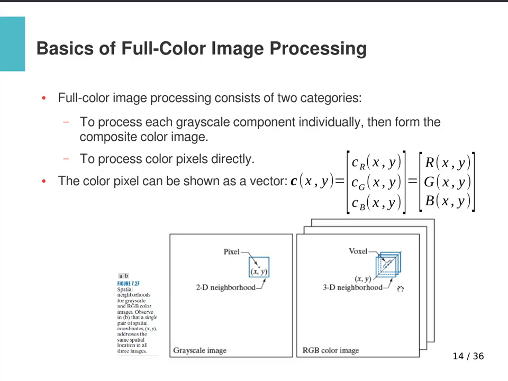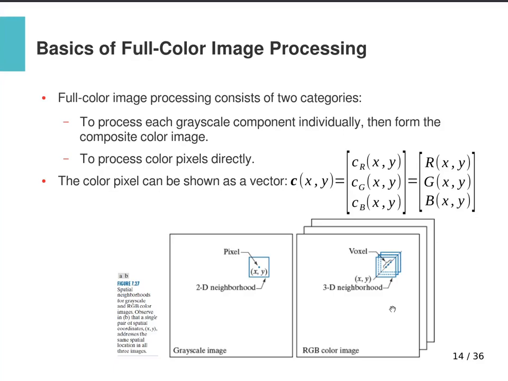Now on the right, we have, for example, an RGB color image, in which for the same pixel location X and Y, now we have a 3D neighborhood. One dimension is along the horizontal axis, the other is along the vertical axis, and we have a third dimension that is along the color axis.